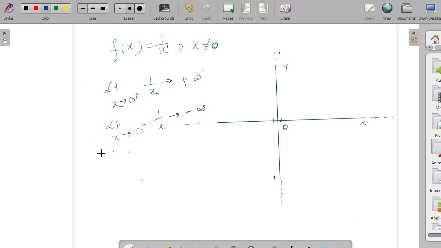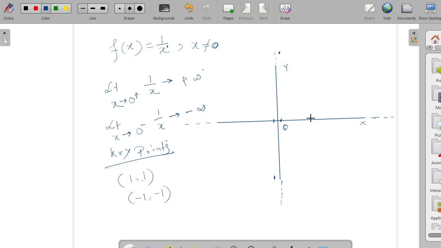Let us consider a few key points. At x equals 1, we have y equals 1, and at x equals minus 1, we have y equals minus 1.